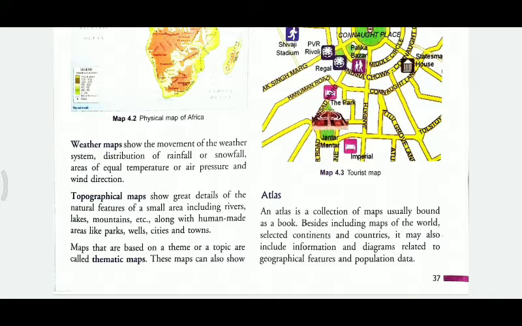Besides including maps of the world, selected continents and countries, it may also include information and diagrams related to geographical features and population data.